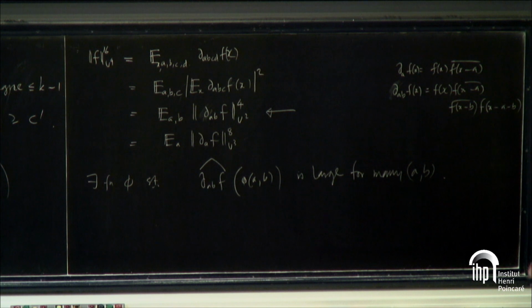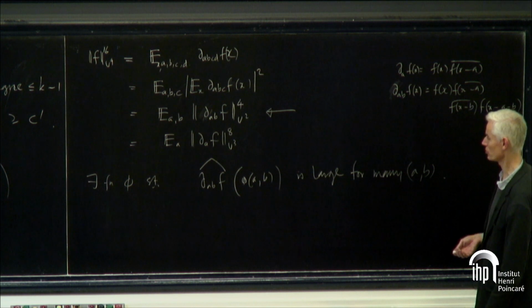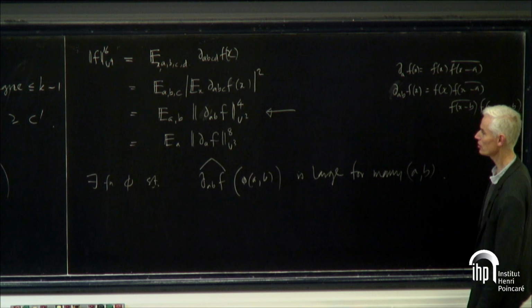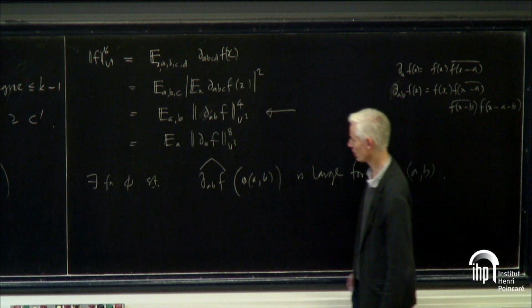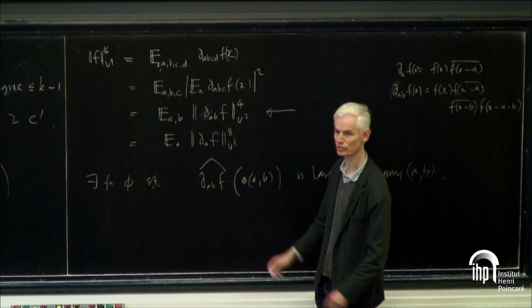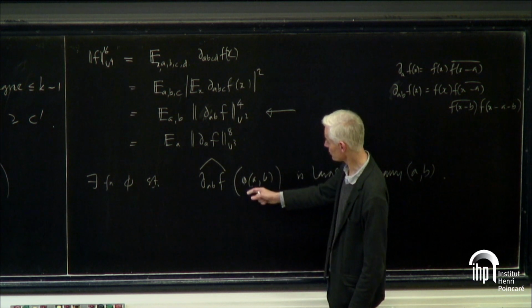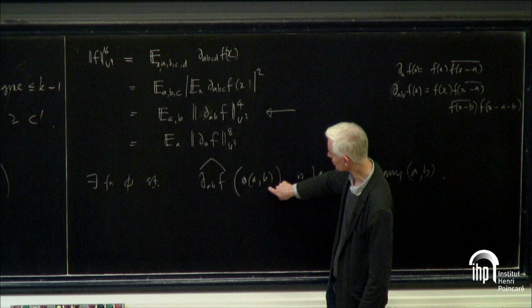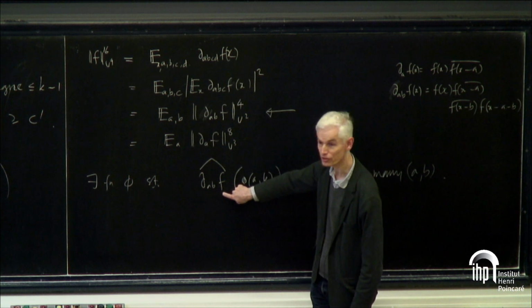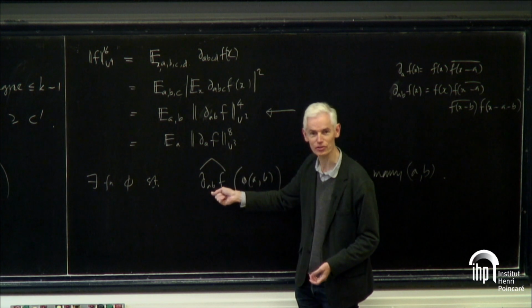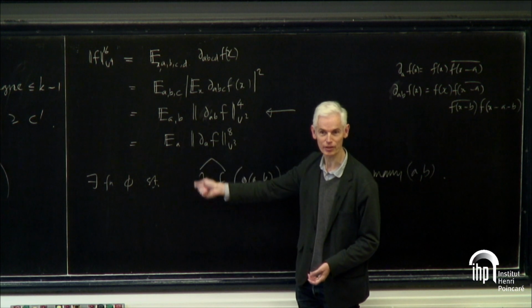A more correct proof would probably be to take all the phis at once, which would be more canonical, but I'm just doing something here that's not particularly canonical. And the whole thing that makes this have any chance of working, and this goes back also to my proof of Szemerédi's theorem, is that phi of a, b is to do with delta a b of f, and the delta a b of f are difference functions of the same function, so we might expect them to have various relationships.